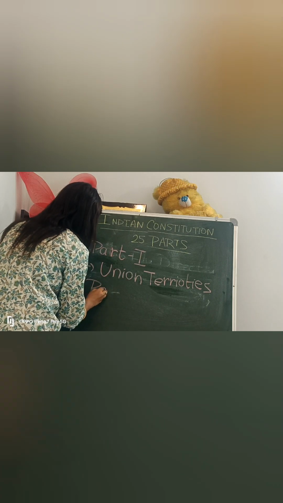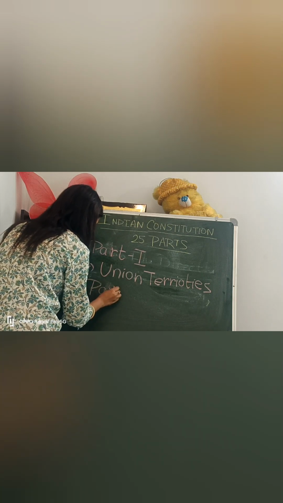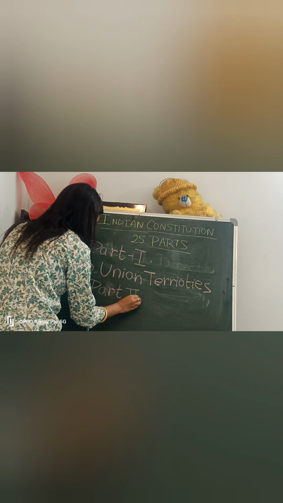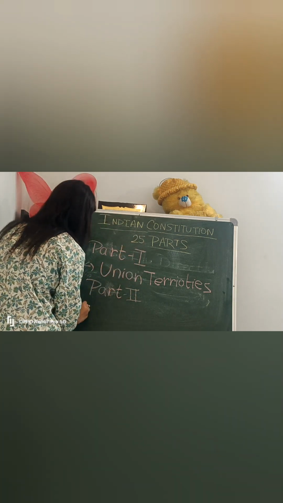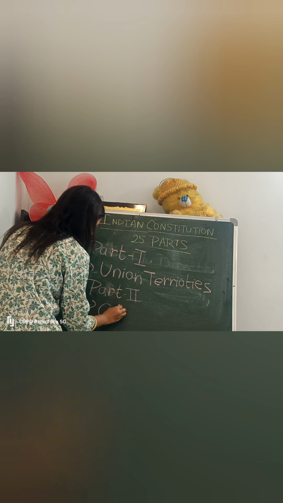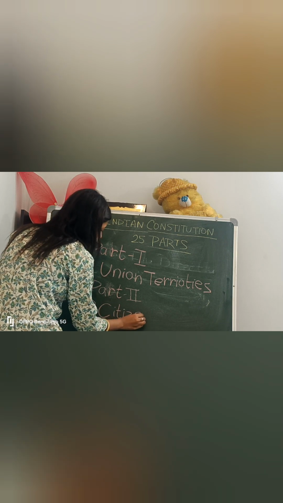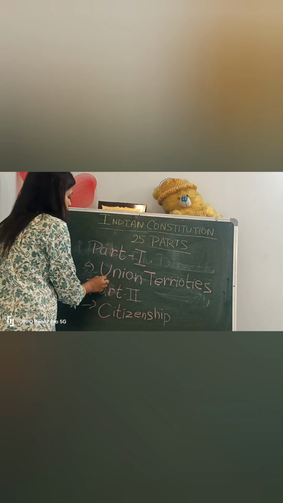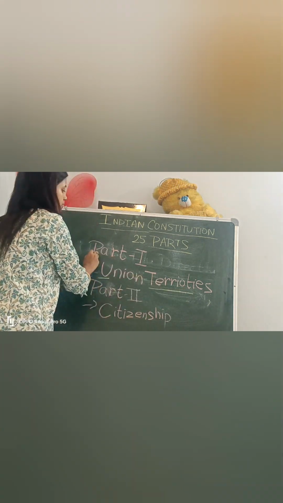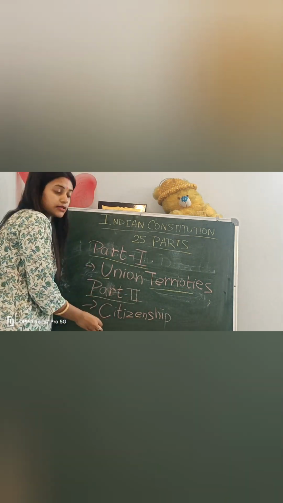Part 2, that mnemonic word was C. That stands for citizenship. So here I go. U stands for Union Territories. That is part 1, and part 2 is citizenship.